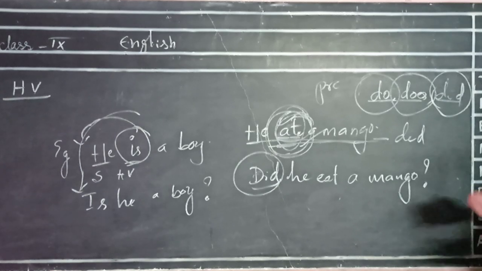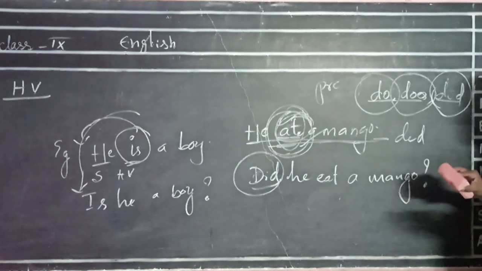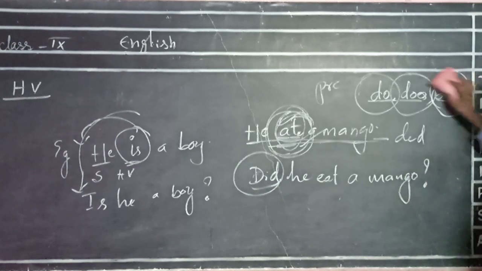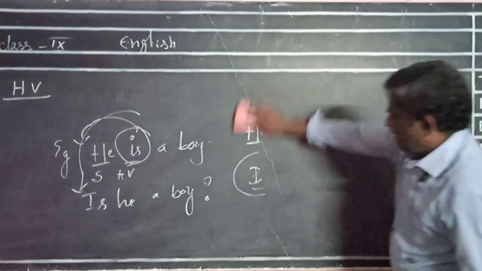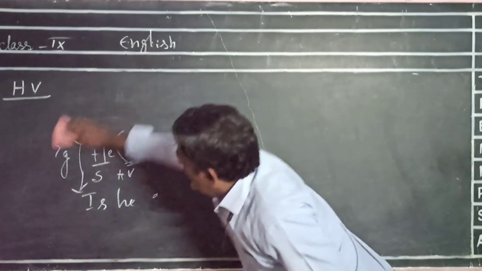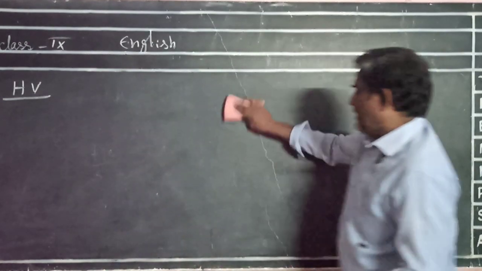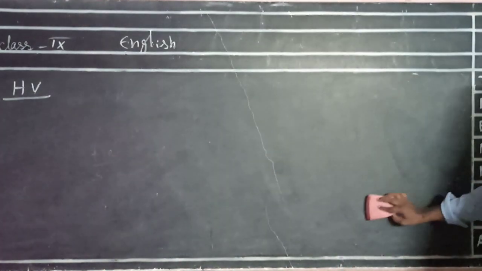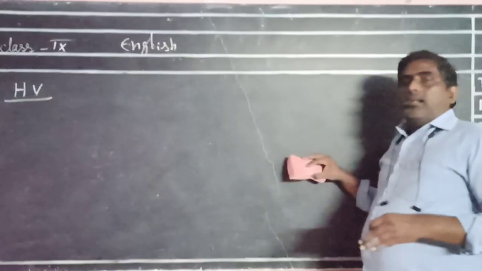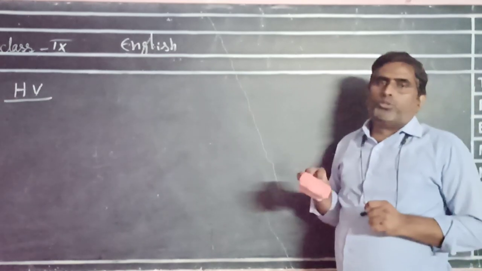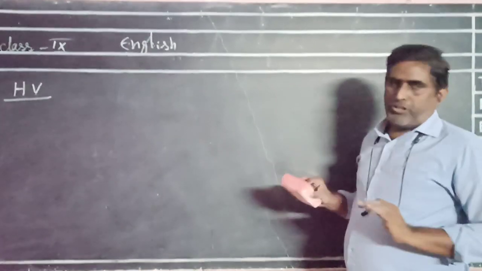So this can be framed as a question. Like this, with the help of the helping verbs, we can frame as many questions. There are 26 or 24 or more helping verbs. With the use of all these helping verbs, we can frame a question very easily. But from our examination point of view, we don't want all these questions.